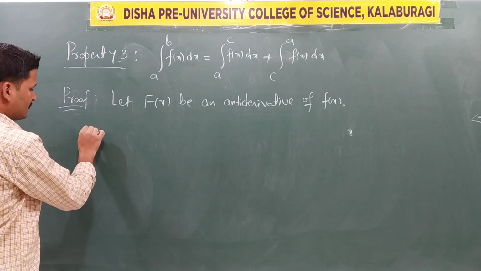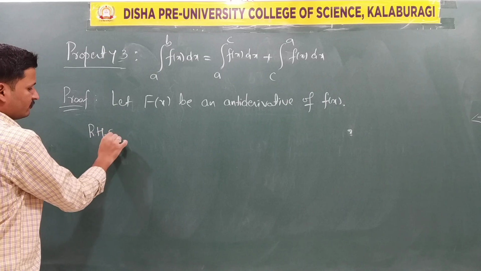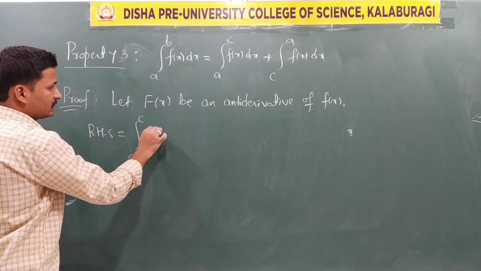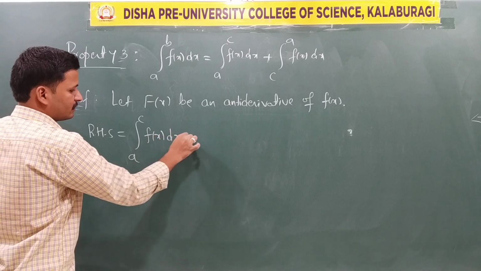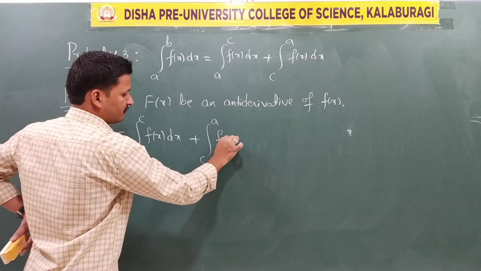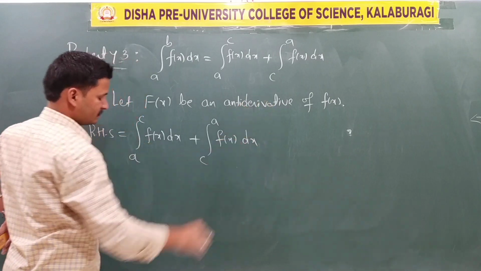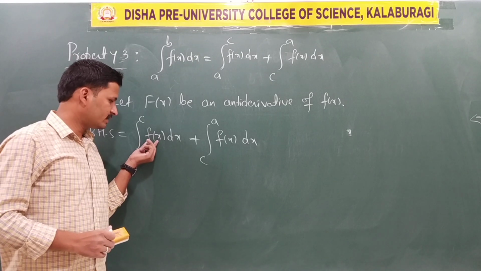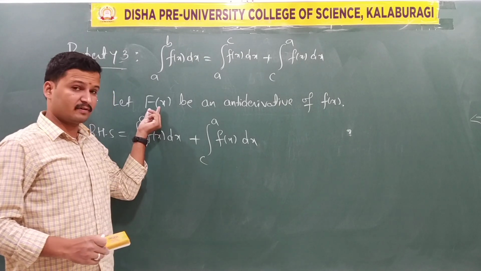So RHS, which is the integral from a to c f of x into dx plus the integral from c to b f of x into dx. The antiderivative of this f of x is capital F of x.